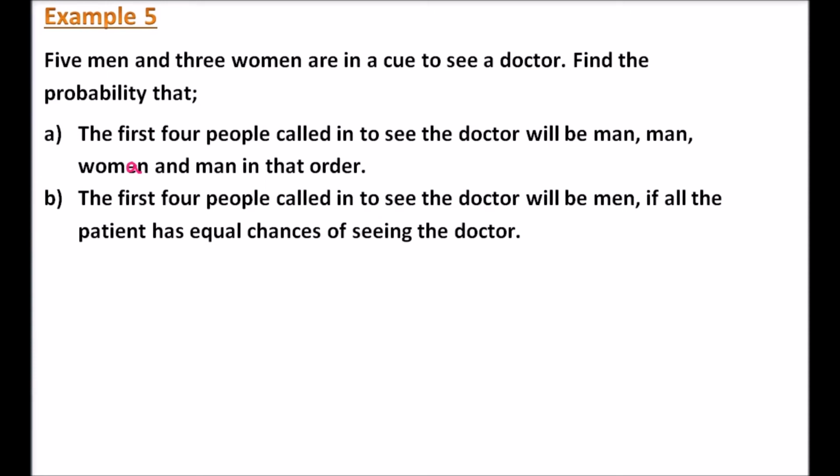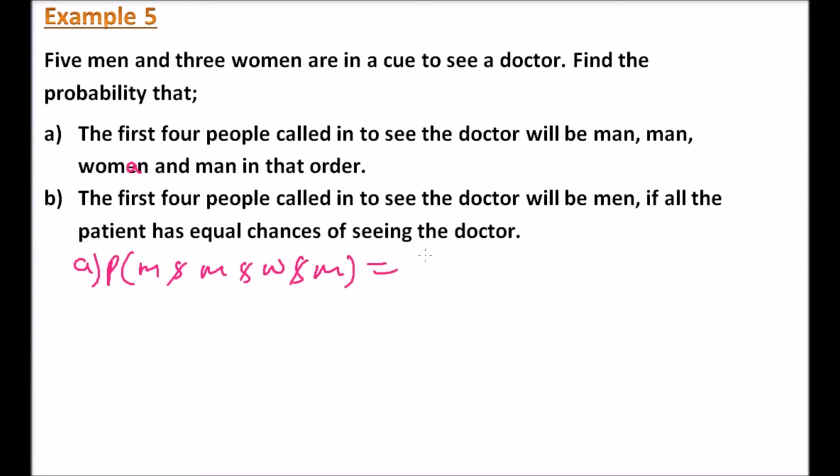We start with our A. Our A, we have probability that we have a man followed by a man followed by a woman followed by a man, and we have 5 men and 3 women.